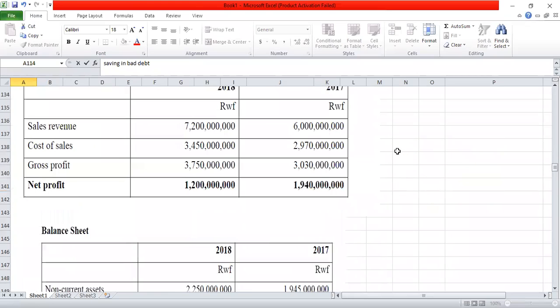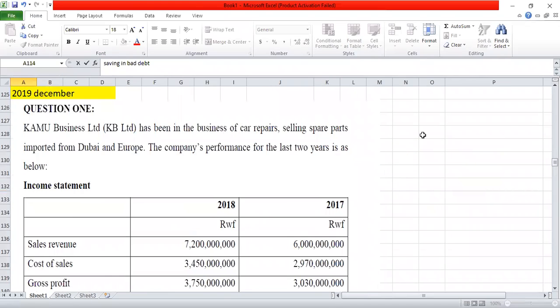I want us to look at this question of 2019 December, and we can move very fast such that we don't waste time. I want us to look at another part.